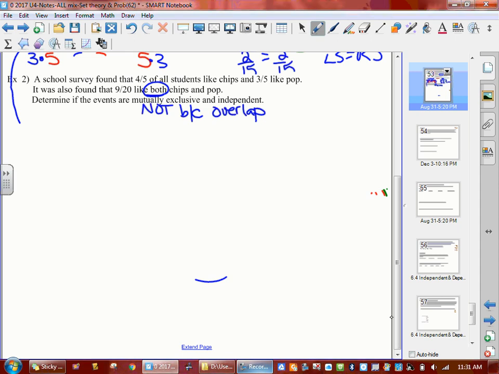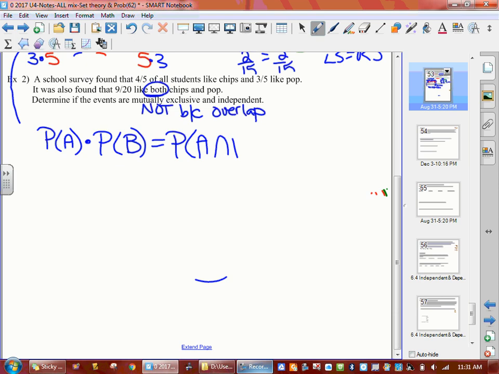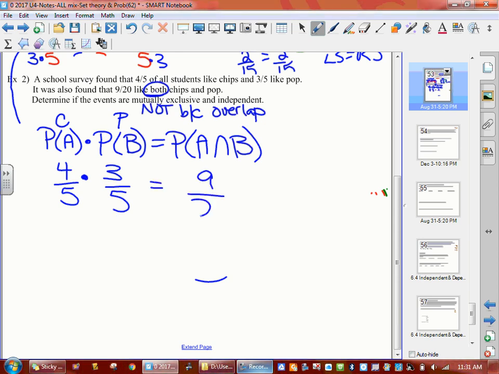Now we need to do the independent part. Independent means the probability of A times the probability of B is going to give us the probability of A and B. That's what we're told. So if A is chips and B is pop, we have 4/5 liking chips, 3 out of 5 liking pop, and 9/20 that like chips and pop.